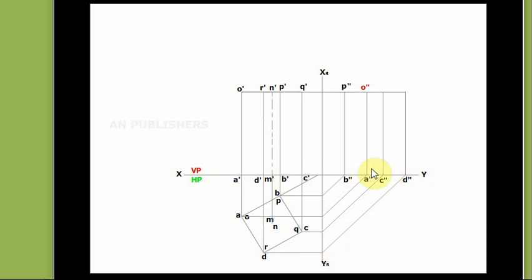D dash is coming from here, so D double dash. Like that O. This is the line from O, go upward. From O dash it is coming from here, so the meeting point is O double dash. Name it appropriately. Naming is very important in the case of sections of solids.